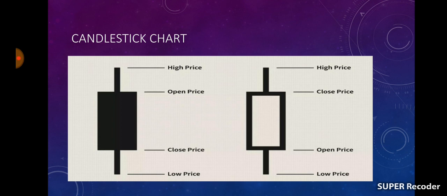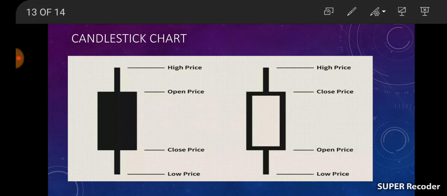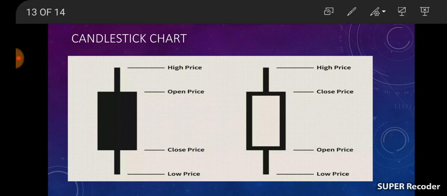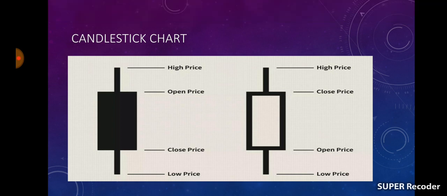So there is a decreasing tendency, bearish tendency. And if the color of the real body is white, the bottom part of the real body indicates the opening price and the top part of the real body indicates the closing price. So here the opening price is low and the closing price is high. So there is an increasing tendency in price, bullish tendency.